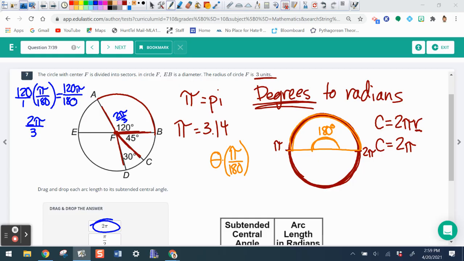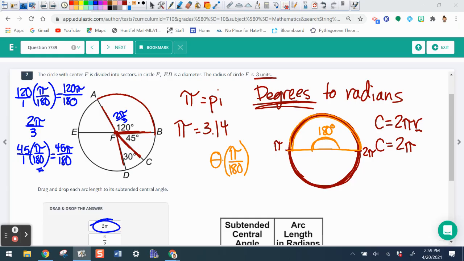So now let's convert the angle measure for BFC. We're going to take 45 and multiply by pi over 180. And just a quick fact here, if you want to go the opposite direction to convert from radians to degrees, you just literally flip pi over 180 to 180 over pi. So we'll put this over 1, multiply, get 45 pi over 180, and then see if there is a common factor between 180 and 45.